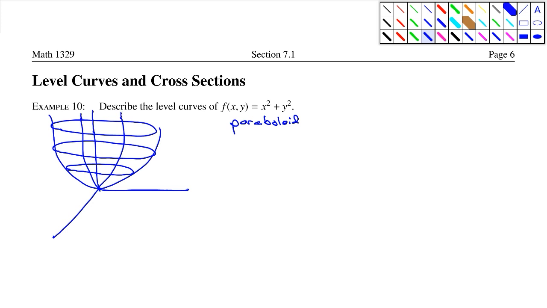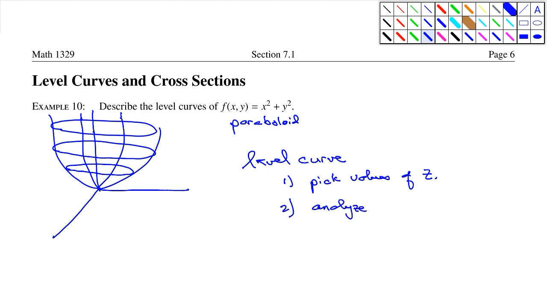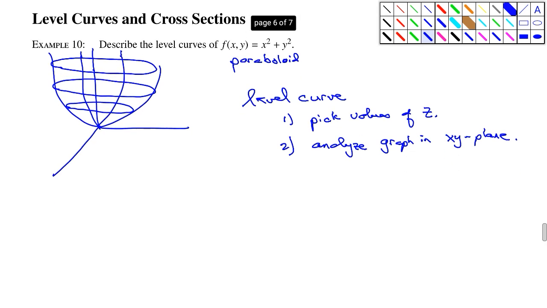And so to find the level curves, you basically pick values of z, and then you analyze the graph in the xy plane. It's the graph that would result from picking that value.